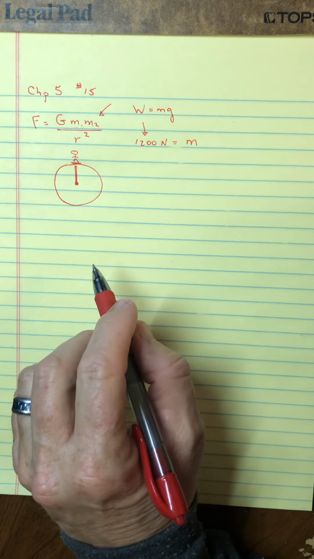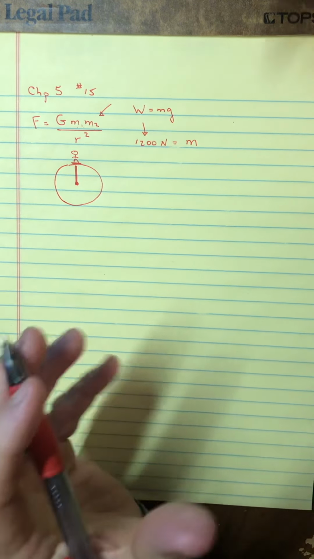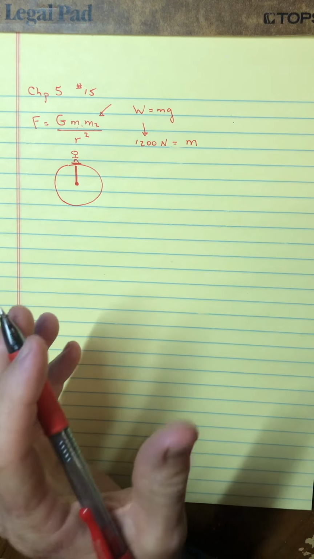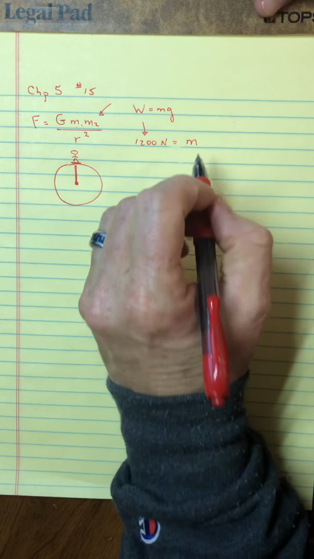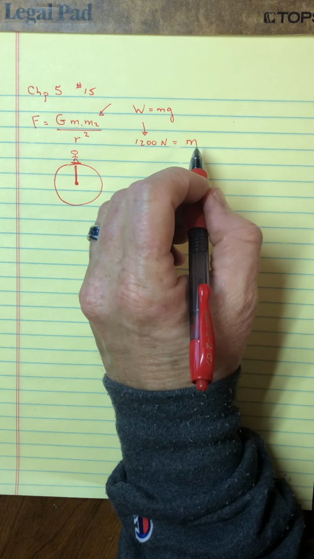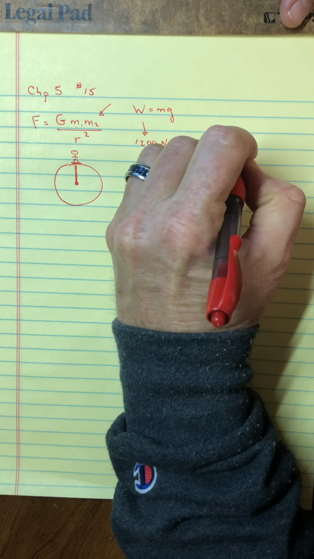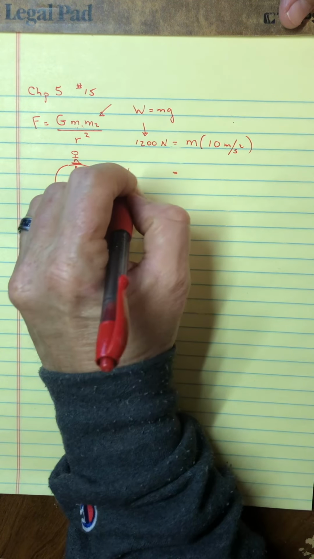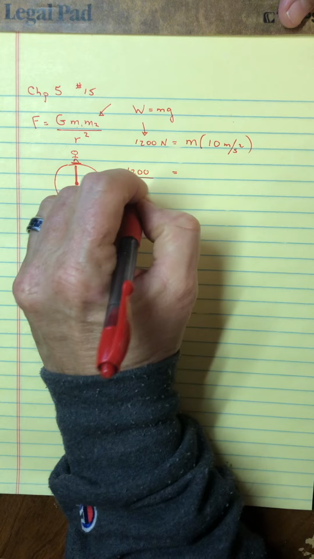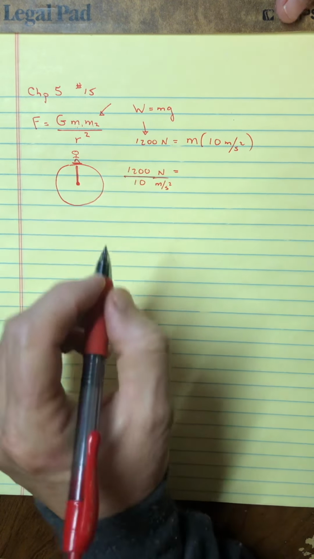Let me look here. It says an astronaut in full gear. So this is more than just the weight of the astronaut, but the astronaut and all the gear is 1,200 newtons. And so this would be the mass of the astronaut and all the gear times roughly 10 meters per second squared, so that when I divide, I've got 1,200 divided by 10 and a newton divided by a meter per second squared.